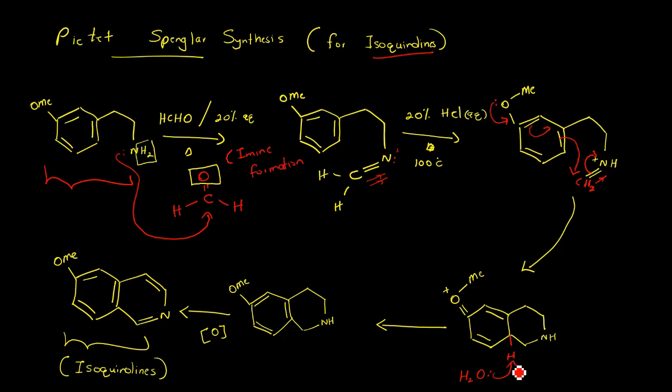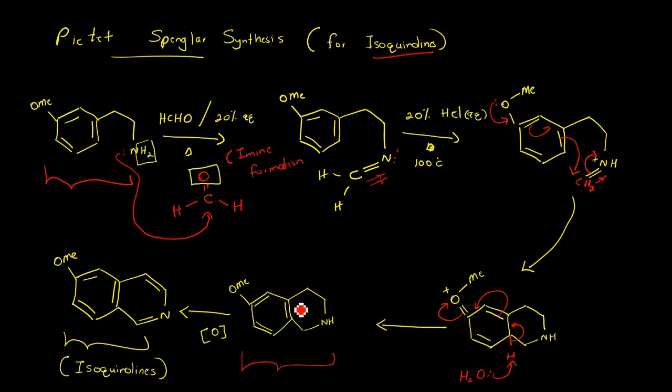It will come and attack here, and this electron density will come over here to form a double bond. Now this double bond over here will shift to this position. One of the double bonds will break and the oxygen will regain its neutral form. So we have our compound like this, now in the neutral form.